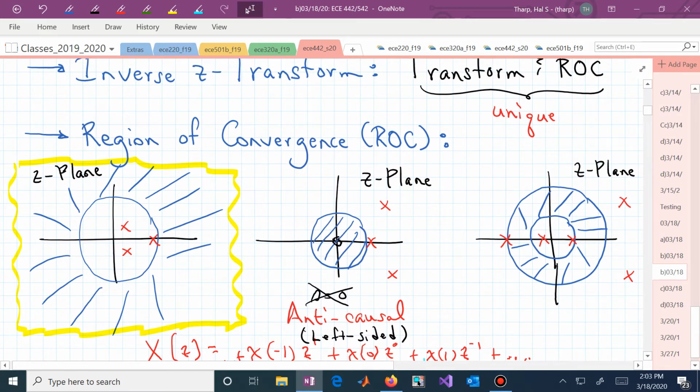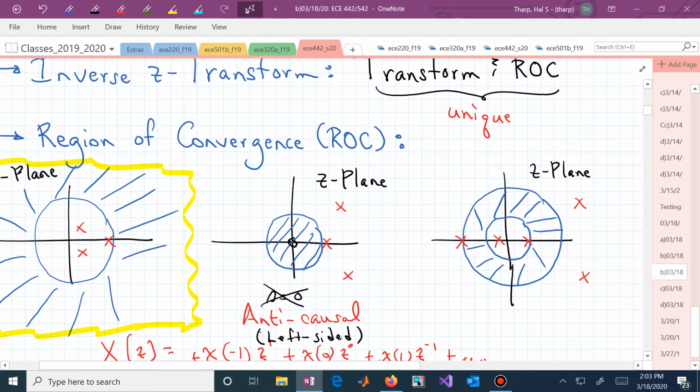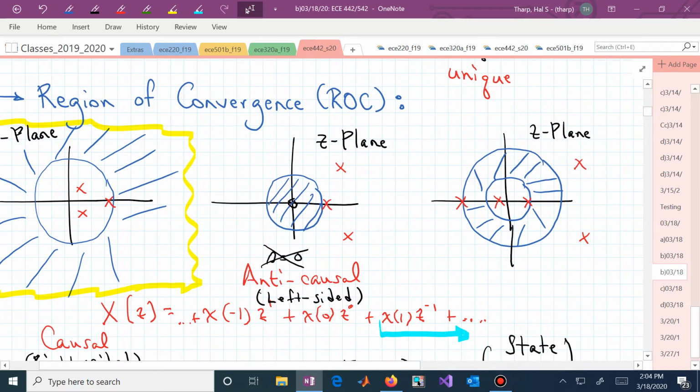If we now have the rightmost region of convergence with the poles indicated here, and realize in all of these patterns the poles are never on top of or belong in or to the region of convergence. In this case we have a two-sided sequence in the time domain, because z equal to 0 does not belong to the region of convergence.